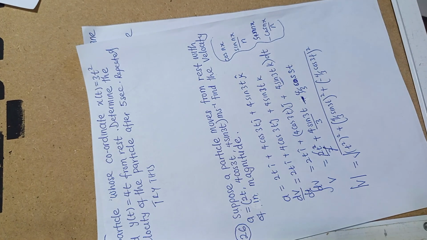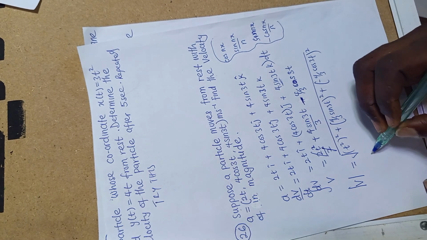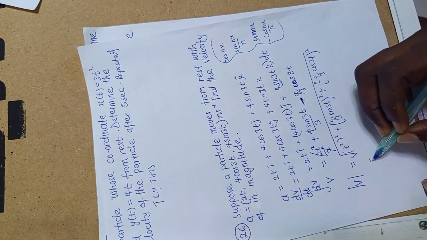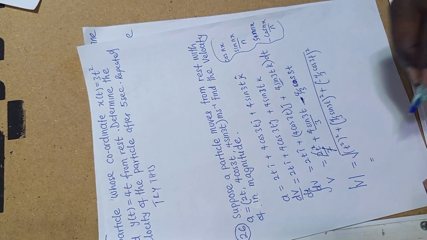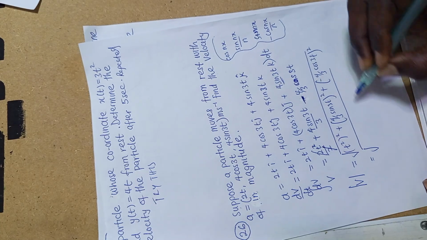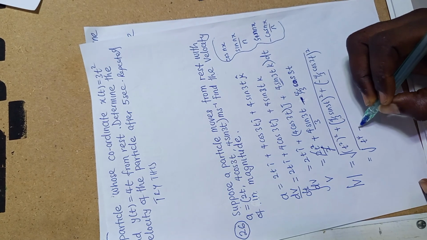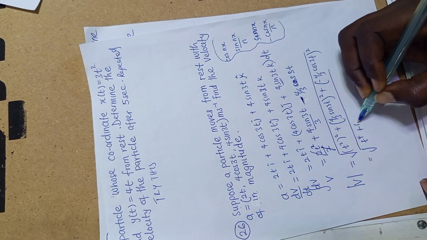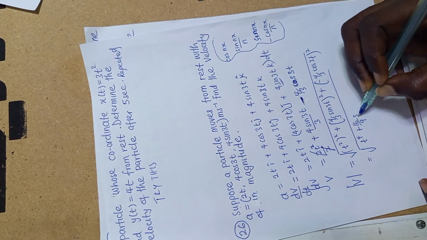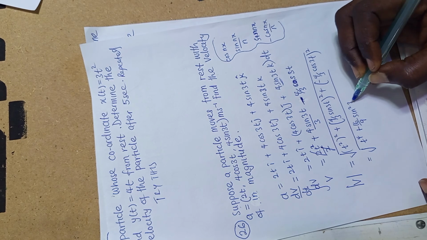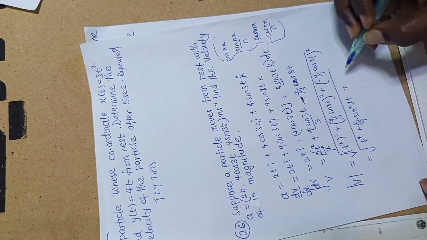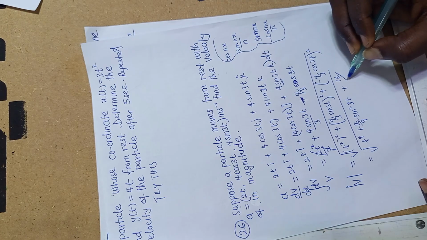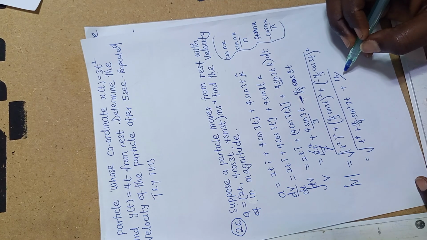So what I would have now, if you square it, this one will give us t to the power 4 plus 16/9 sin square 3t plus 16 over 9 cos square 3t.